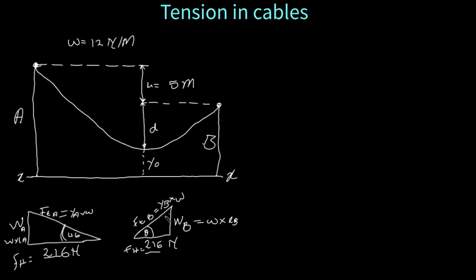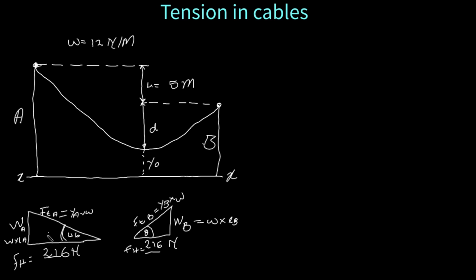We have two diagrams like this because remember, we said whenever we are doing calculations, we are going to divide the cable at the turning point and take each side separately. And now we have to draw both the triangles because we are not dealing with two supports of equal height.